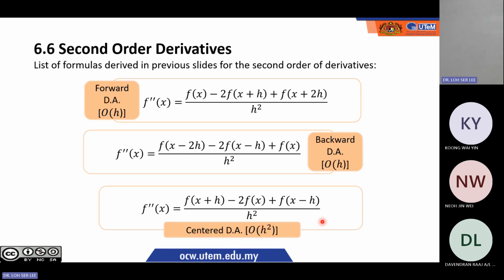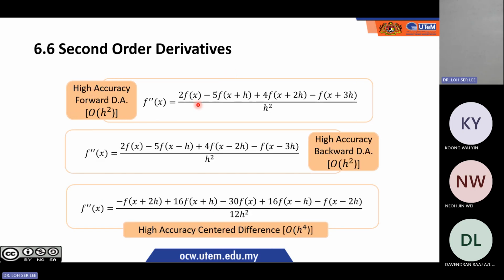So these are the formulas: forward, backward, and centered difference approximation for second order derivatives. Plus the first order derivatives, altogether you have 12 formulas, which will be given in the appendix. You have to know which one to use. These are the high accuracy forward, backward, and centered difference approximations.